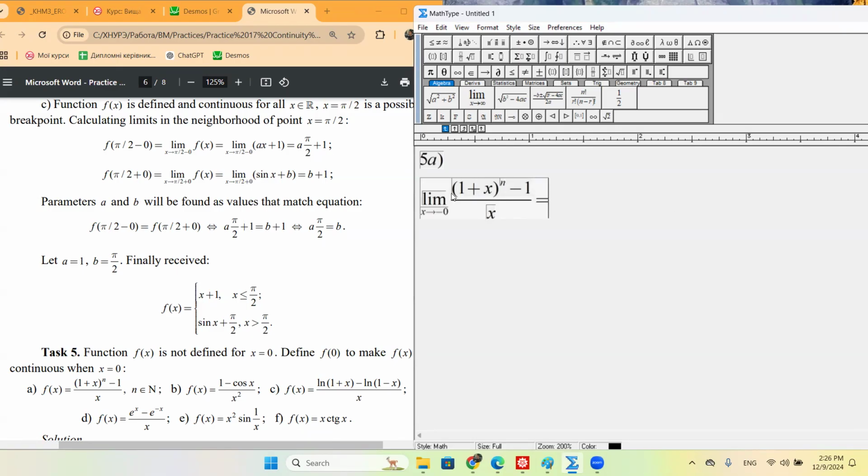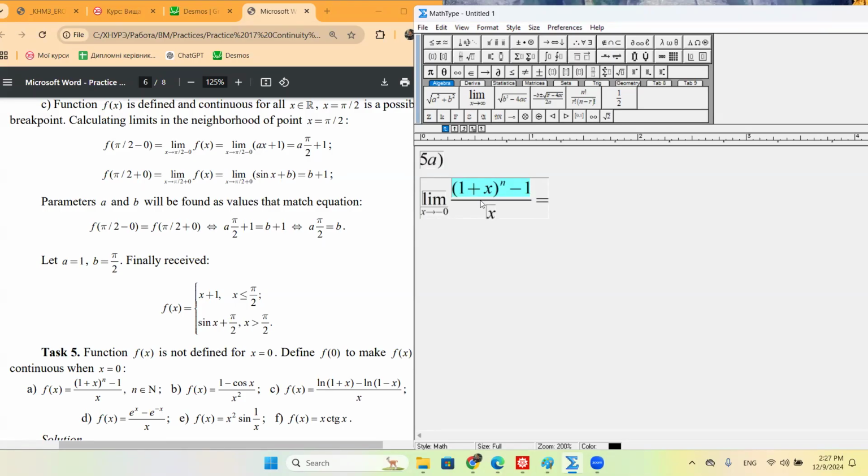So what do you remember about equivalences here? The chain of infinitesimal equivalences, equivalent functions. So how can we replace x? Equivalent to sine x, tangent x. And some more.